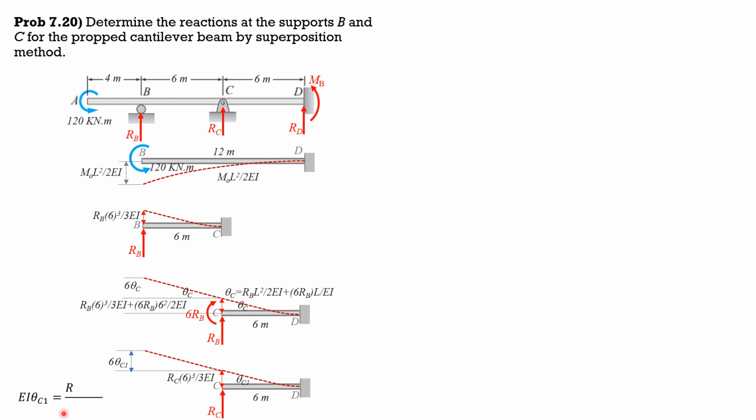So EI theta C1 equals RC L square 6 square over 2. So it is equal to 18 R sub C. So therefore EI theta C is RB 6 square over 2 plus 6 RB times 6. So that would be equal to EI theta C is equal to 54 R sub B. Then substitute all positive deflection minus negative deflection equals 0.